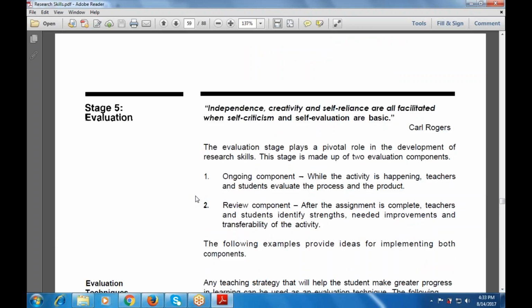Next is evaluation. Independence, creativity and self-reliance are all facilitated when self-criticism and self-evaluation are the basic part.